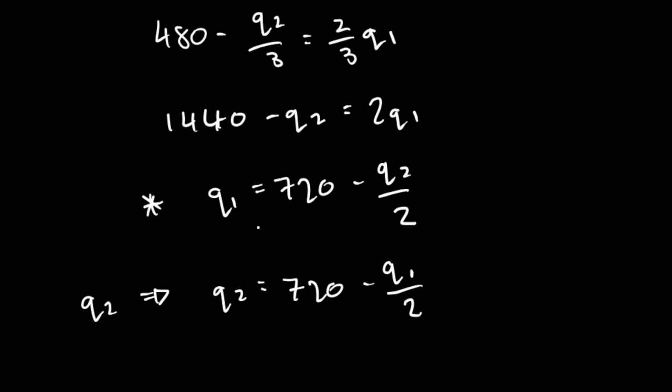This is because both firms are choosing output simultaneously and sharing the market evenly between both of them. They're dividing the market evenly, and they're choosing that output simultaneously.